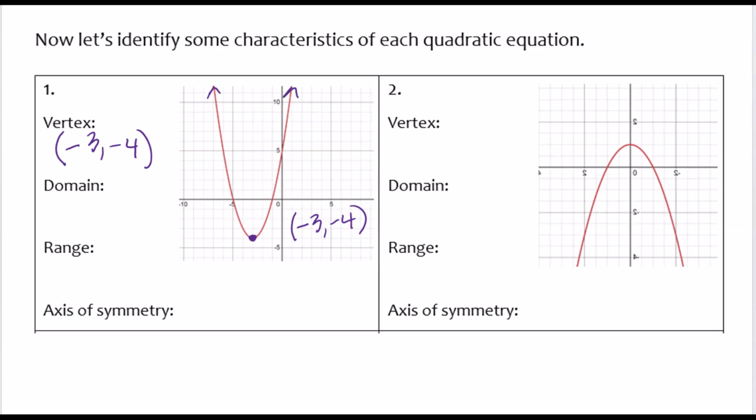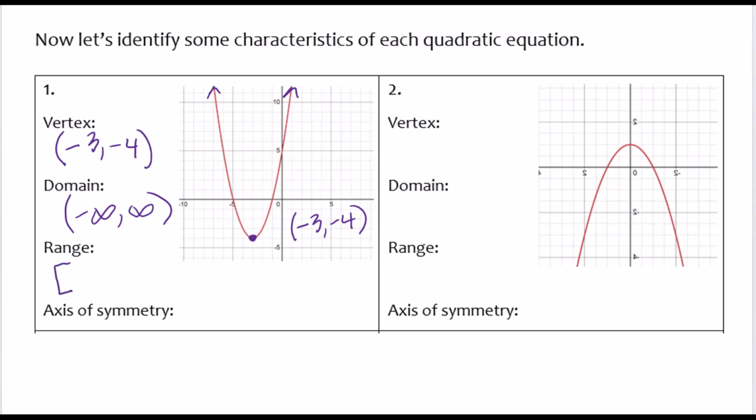We know the domain. Is this parabola going to keep going forever to the left and forever to the right? Yes. So the domain is going to be -infinity to infinity. And now the range. Yeah, so the lowest y value that this parabola touches is that -4, right?